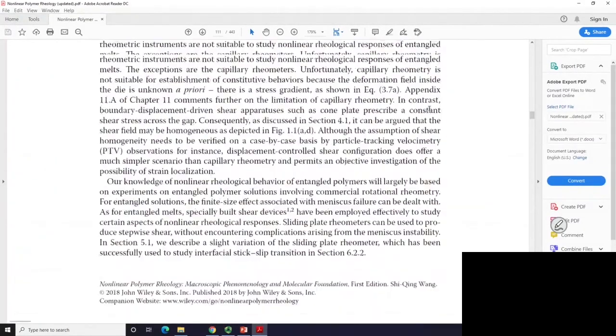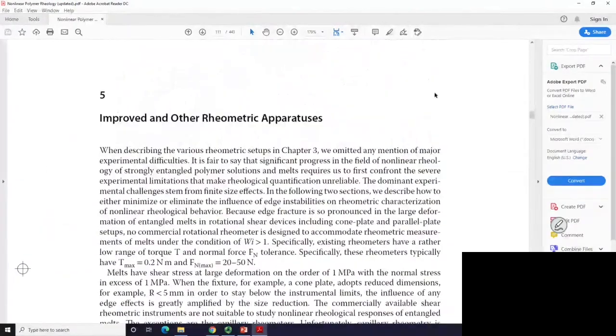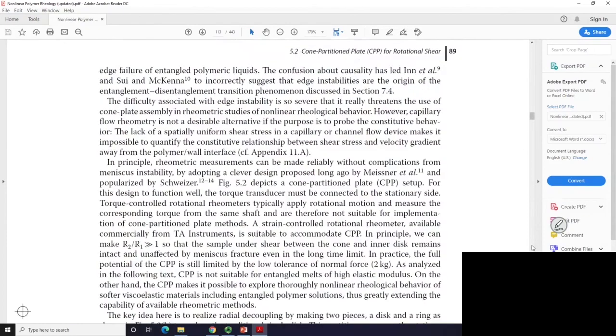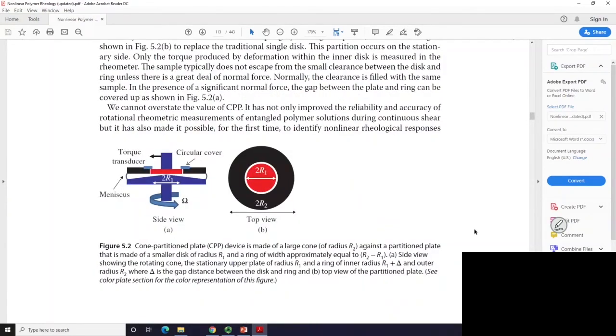So chapter 5 talks about improving, trying to overcome that problem, okay? And one way to improve it, well, this is already a cute way to improve it. I'm going to omit it. But there is a second one to improve it, which is this.